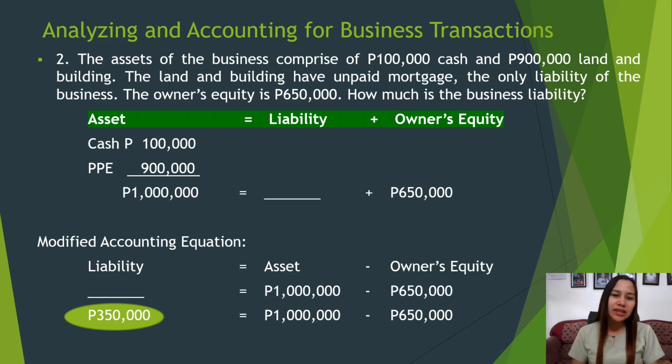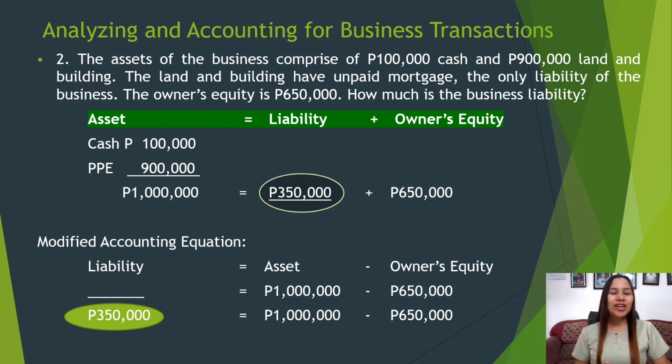So liability is to be computed as follows. Asset of 1 million less owner's equity of 650,000 equals 350,000 liability. So that is the business liability in the transaction.